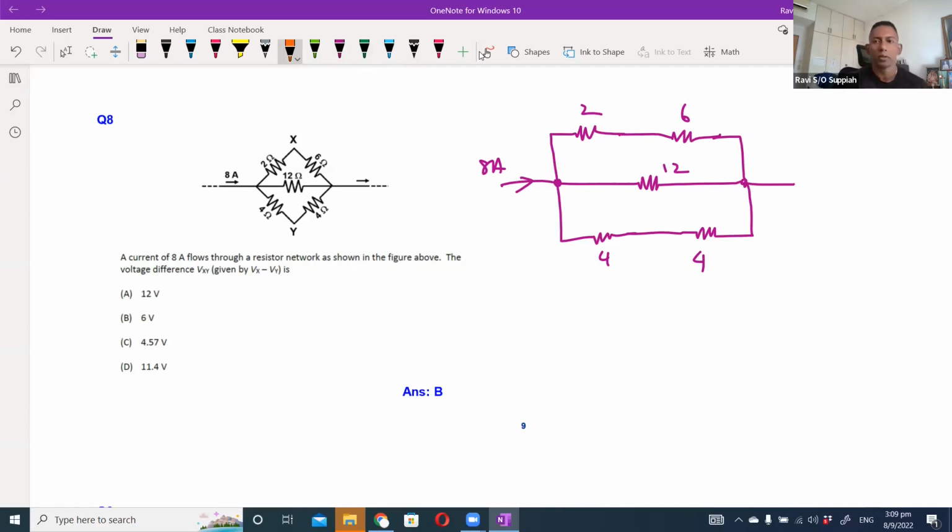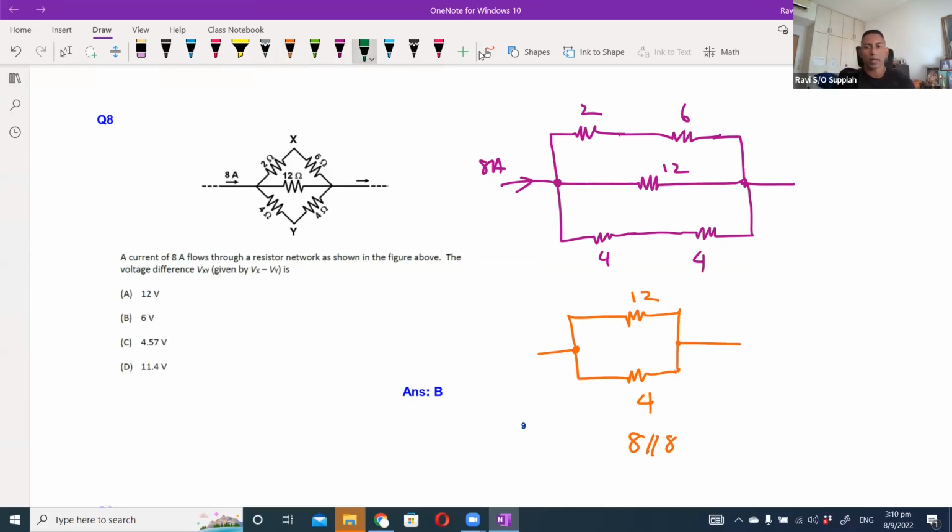Correct? So it is basically 8 and 8 parallel with 12. I can redraw it one more time to say that this is equivalent to 12 parallel with 4. This 4 is basically 8 parallel with 8. So that is what you get here.